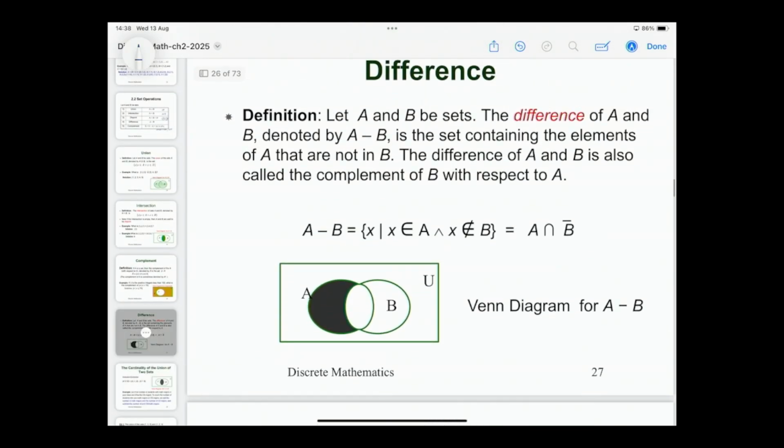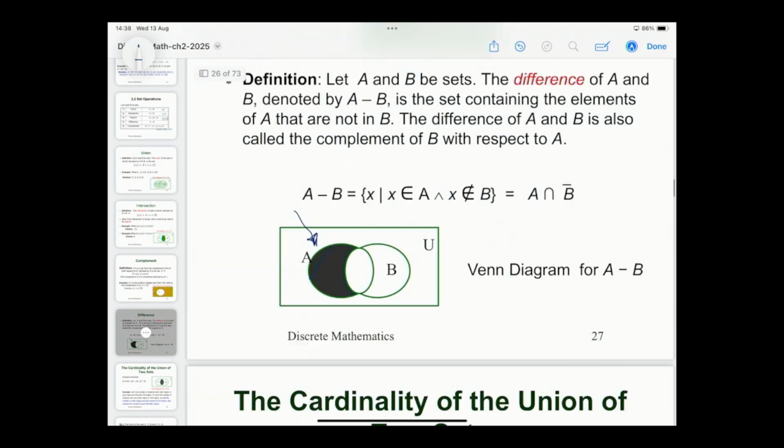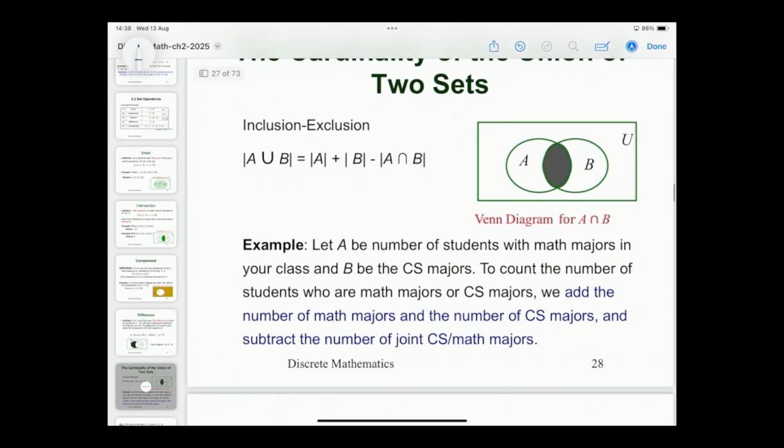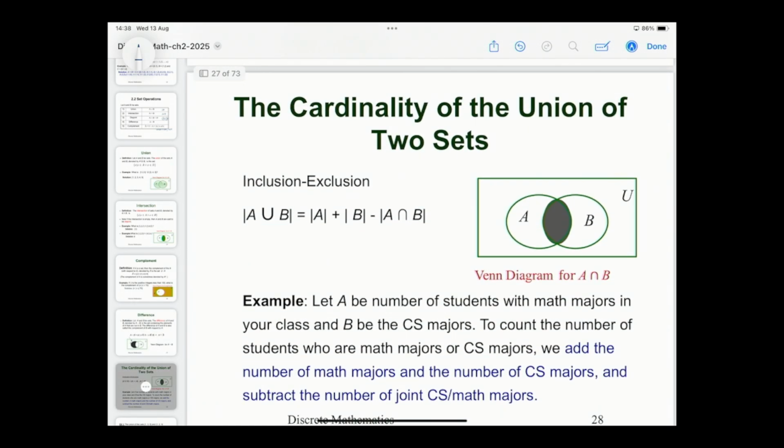Difference: A minus B means in A but not in B, right? So we could see the highlighted one here, the parts of A that are not in the B set.